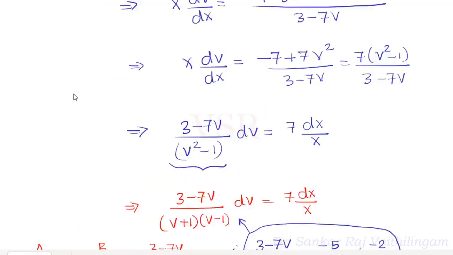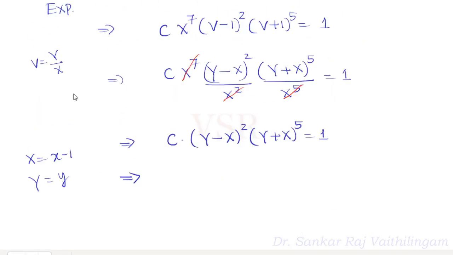So இப்போ இதை தான் நான் substitute பண்ண போகிறேன். அப்போ substitute பண்ணும்போது என்ன கிடைக்கும், c times y minus x plus 1 the whole square into small y plus x minus 1 the whole power 5, which is equal to 1. So correct, y minus x plus 1 the whole square. So this is my solution.